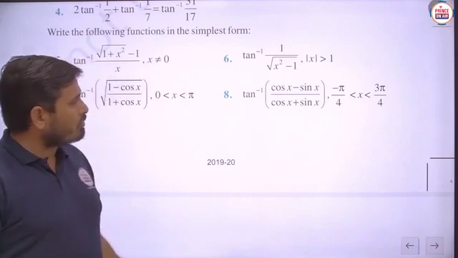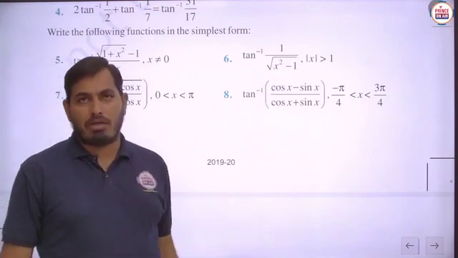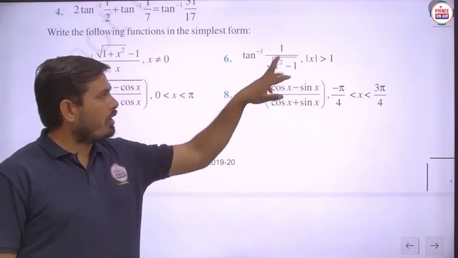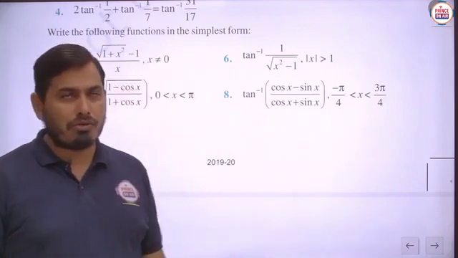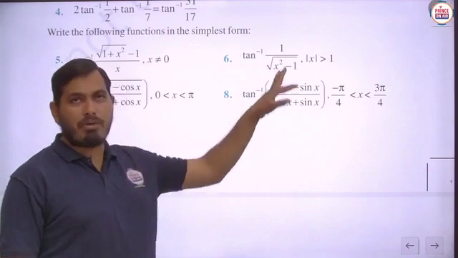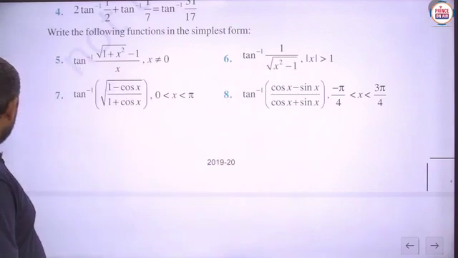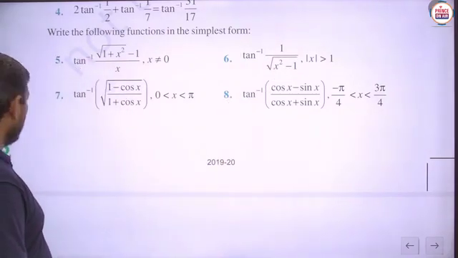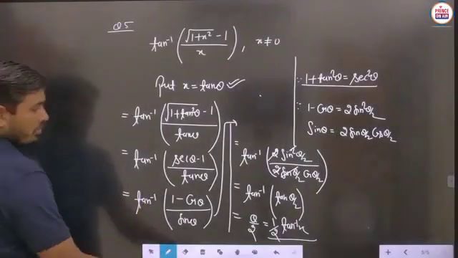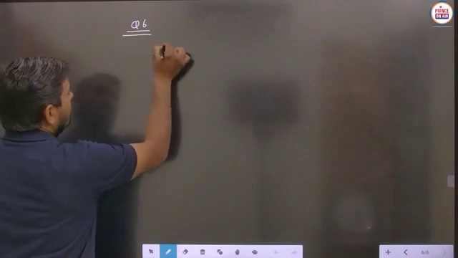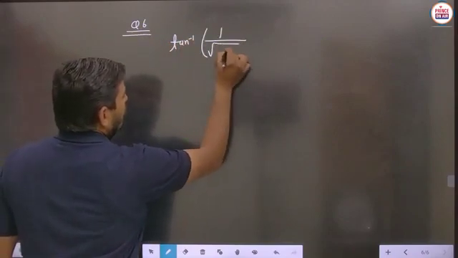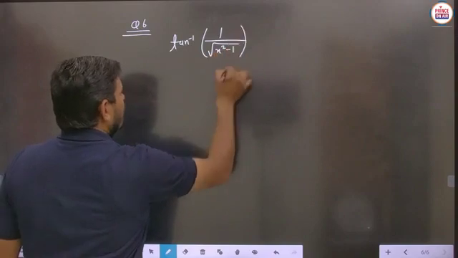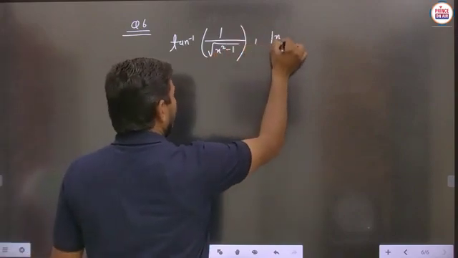We have to see what trigonometric function we should use to simplify and write the simplest form of this. So we will take question number 6 here. In this question it is given as tan inverse of 1 upon under root of x square minus 1, modulus of x greater than 1.